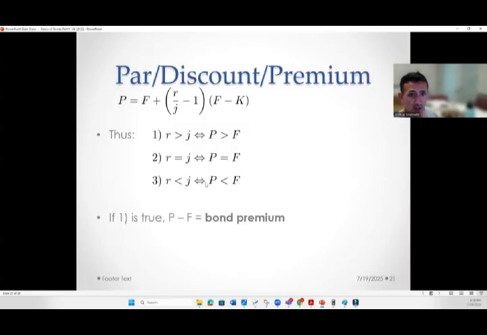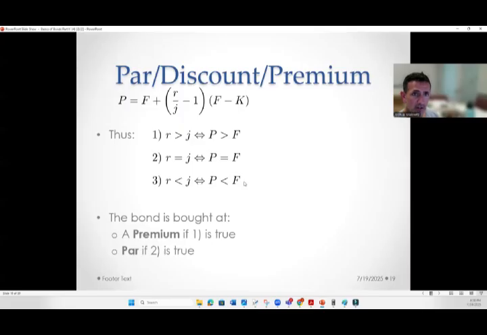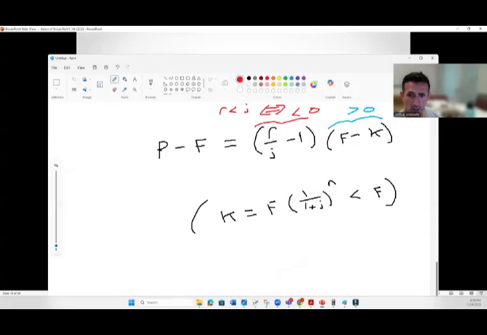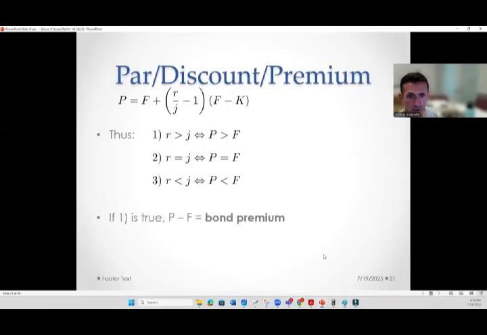So that exactly confirms this conclusion right here. R is less than J precisely when the price is less than face value. So let's use this formula to quickly double check and get the bond discount.